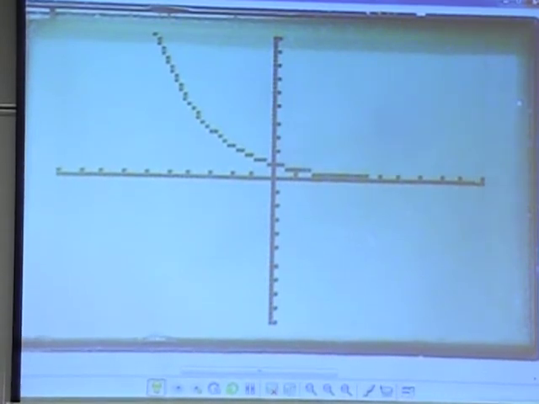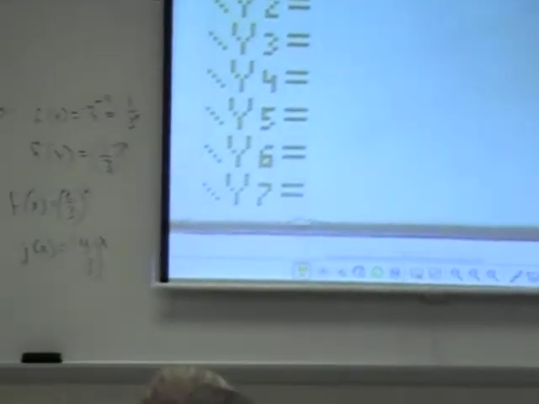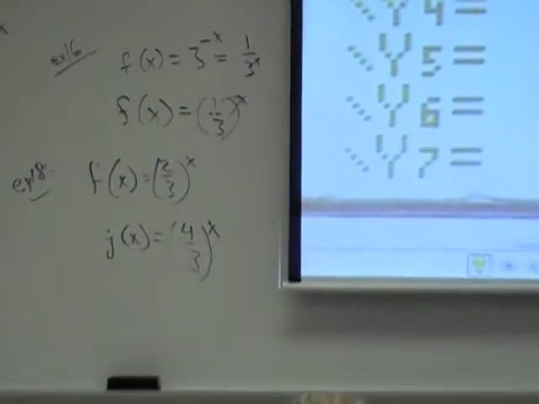Okay, it's decreasing. Now, I want you to compare it to this graph. Everybody put in 4/3 to the x. G of x is 4/3 to the x. I want you to tell me what the difference is.